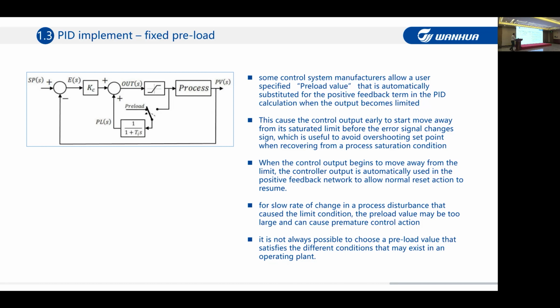But the preload function still has its shortage, because it's not always possible to choose a preload that satisfies different conditions. For a slow rate of change in process disturbance that causes the limit condition, the preload may be too rapid and cause premature control action, because the fixed preload does not change dynamically.